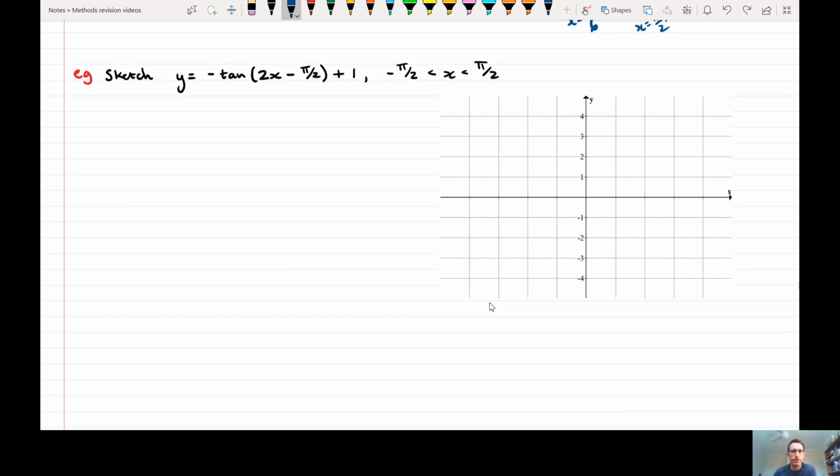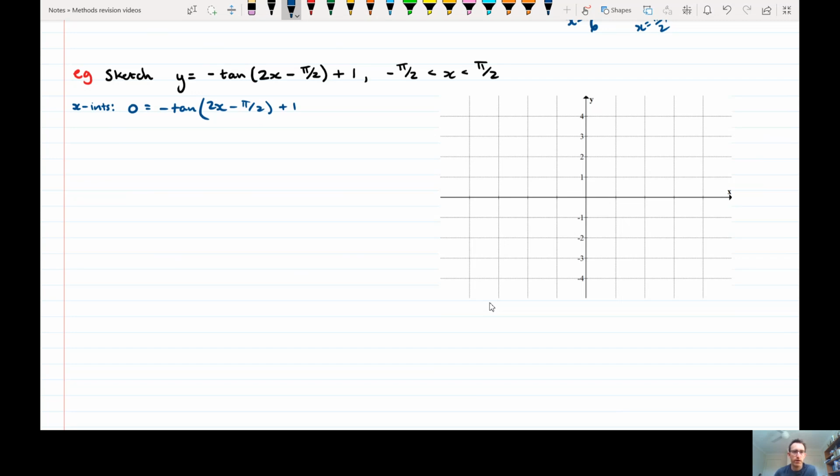So let's look firstly at our x-intercepts. So 0 equals negative tan of (2x minus pi on 2), plus 1. You subtract the 1, makes it negative 1.